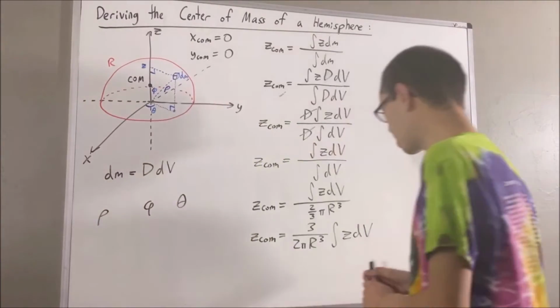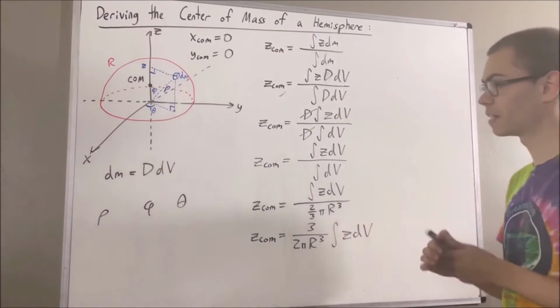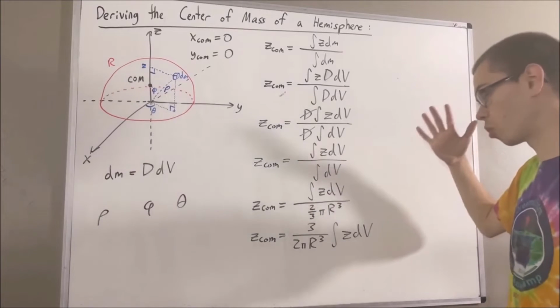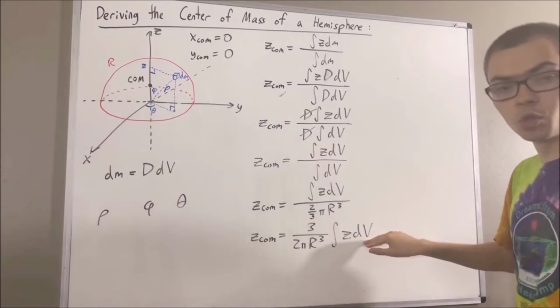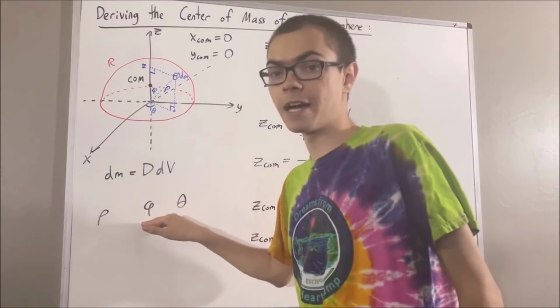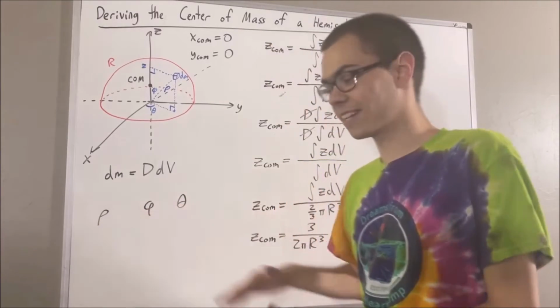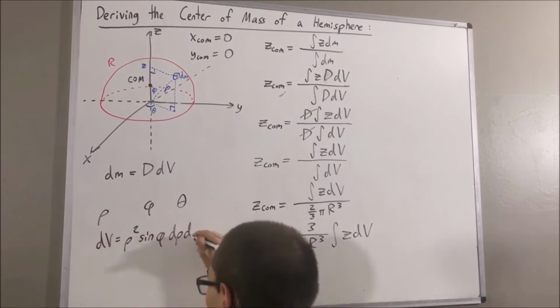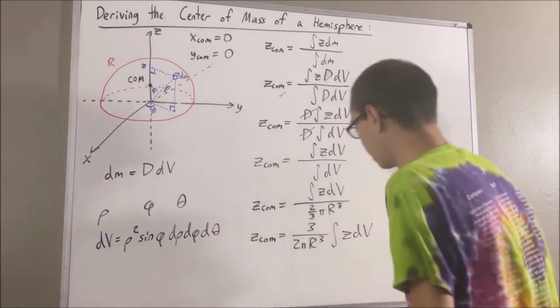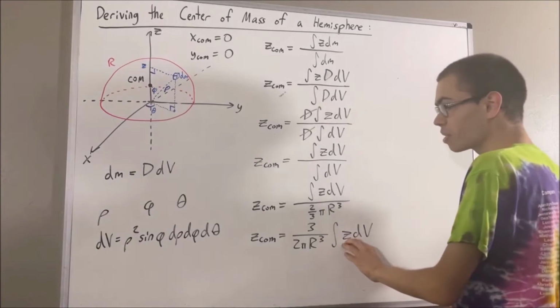So let's re-express our integral in terms of spherical coordinates. If we recall, in spherical coordinates, dv is equal to rho squared sine phi d rho d phi d theta. And what is z in spherical coordinates?